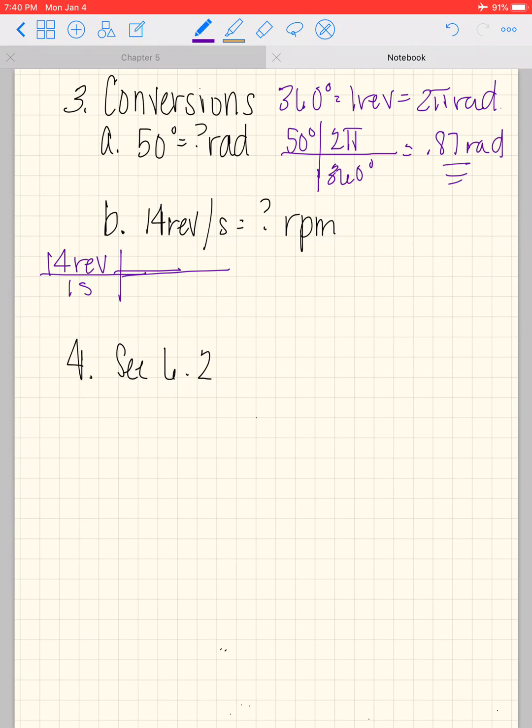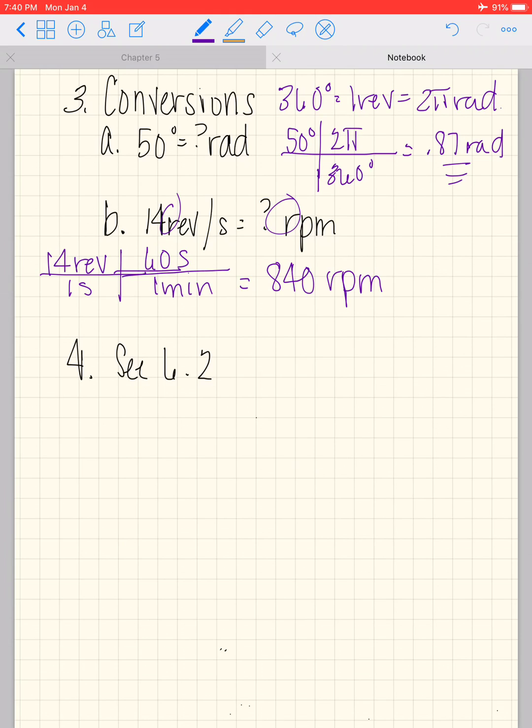I don't want to change the revolutions, but the seconds I do, and it's 60 seconds in 1 minute. Revolution just stays because RPM and R revolution, same thing. Do the math on that, and you end up with 840 RPM.